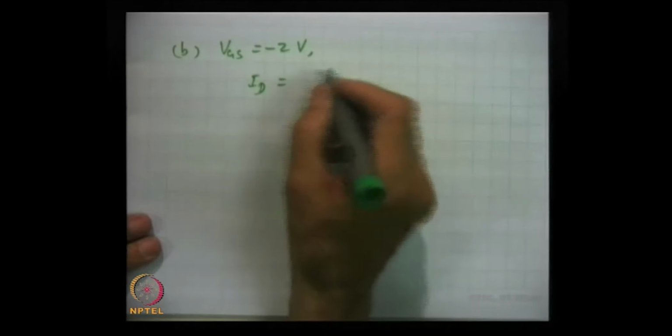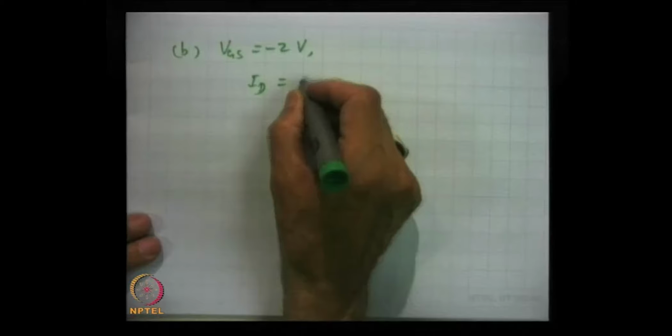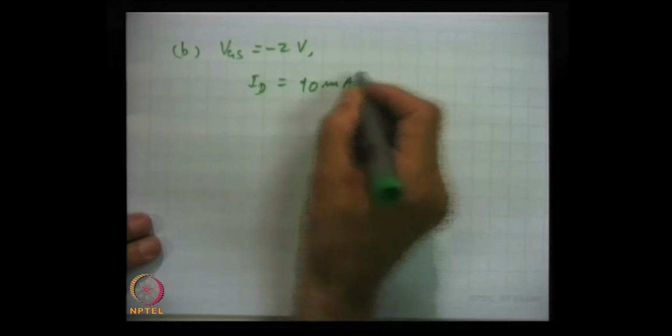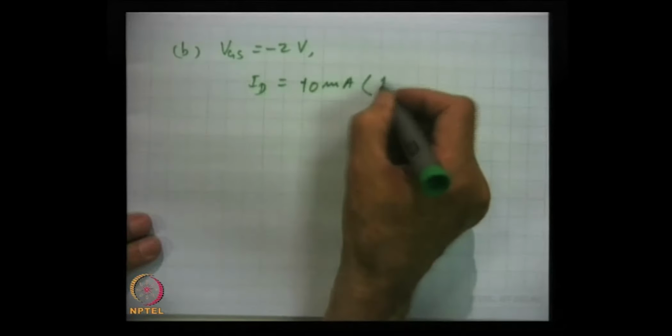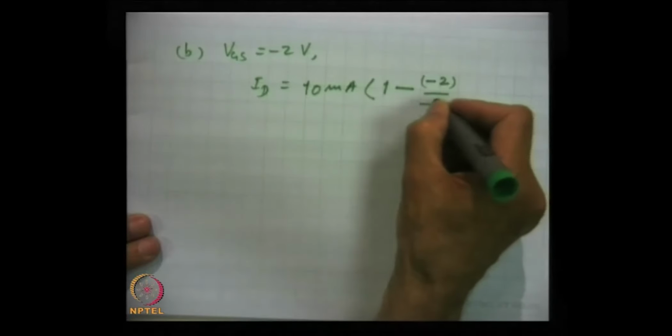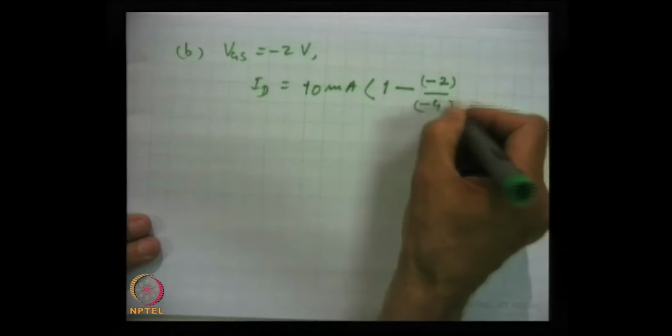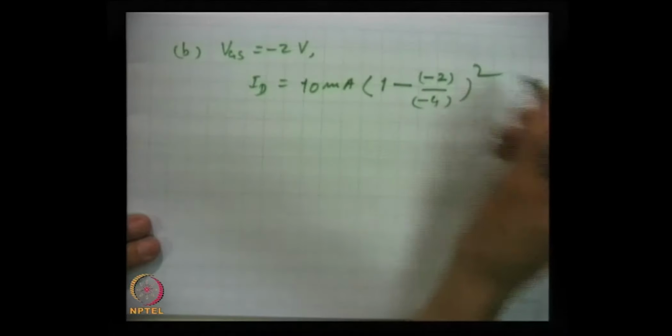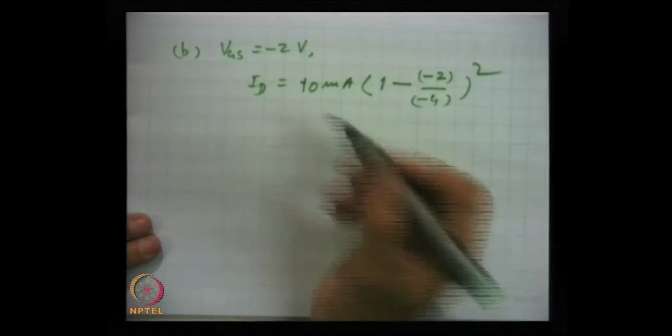again in the same expression we put the value of IDSS, that is 10 milliampere, into 1 minus the voltage, which is minus 2 volts, divided by minus 4 volts, squared.